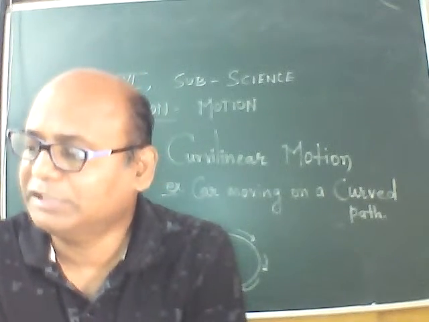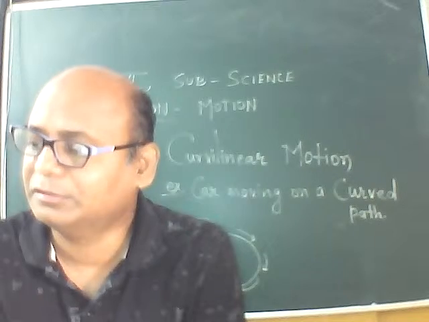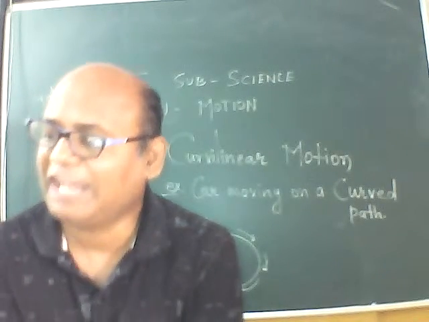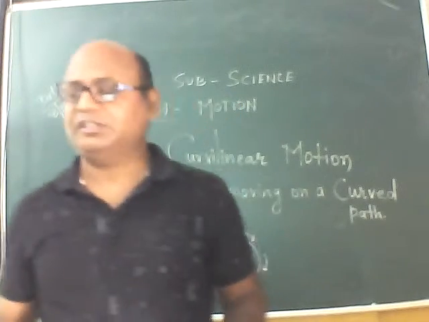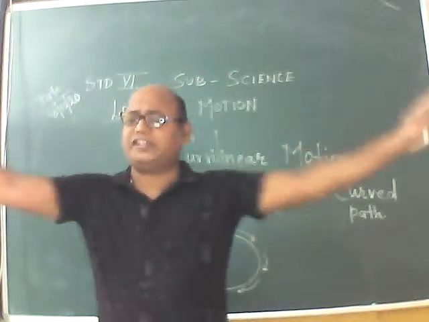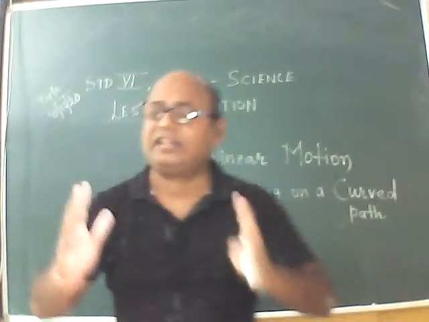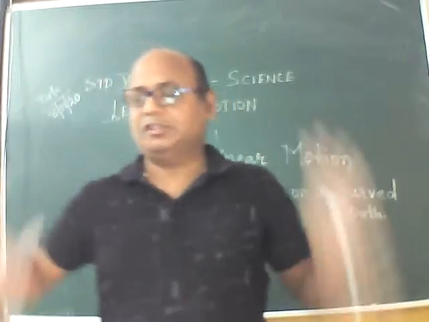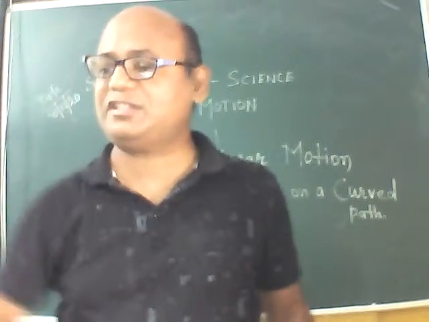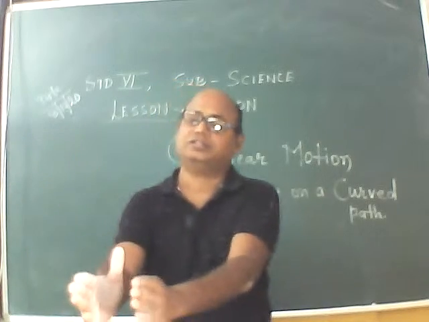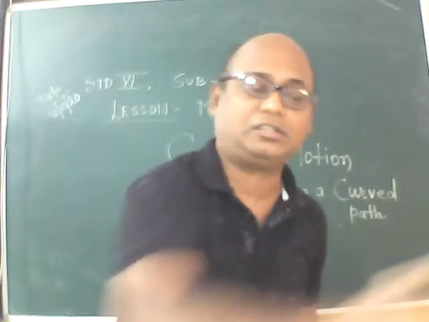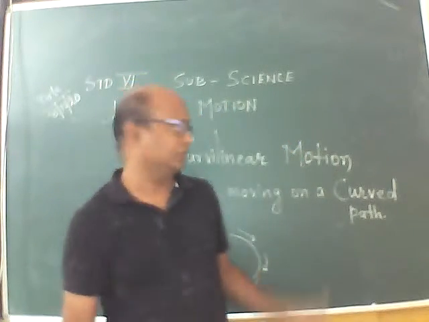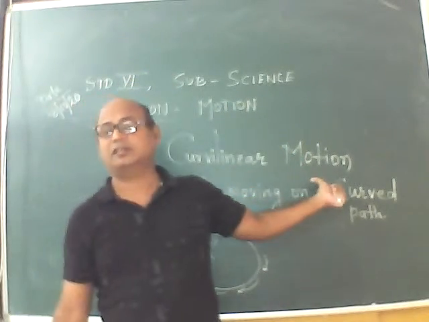Okay, then Vaishali, Elise, cat moving on a curved path. Very good. All your examples are very correct. We see different types of motion in our surroundings and we are classifying this motion. Motion on a straight path we classify as rectilinear motion. And motion on a curved path we call curvilinear motion.